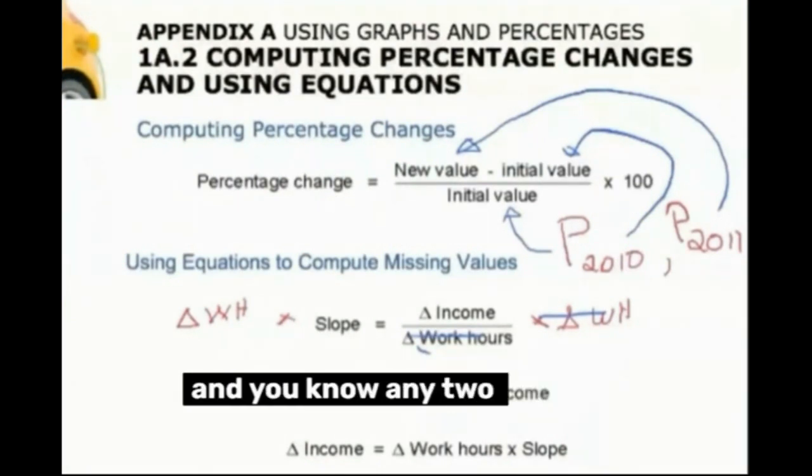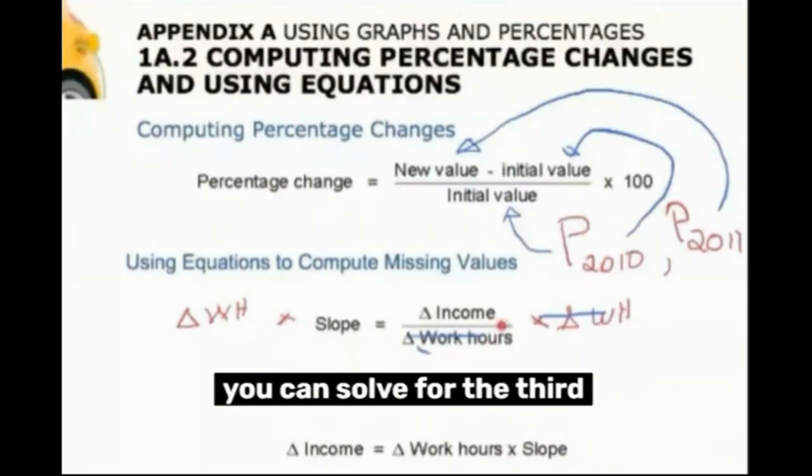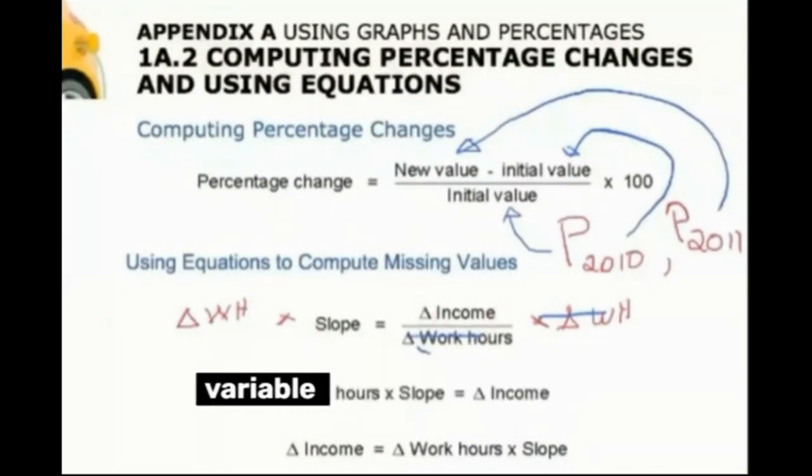So if you have an equation with three variables in it, and you know any two of them, you can solve for the third by looking at straightforward algebra to solve for the variable that you don't know.